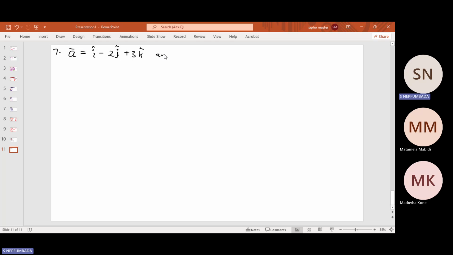Guys, those people, they want what? The angle, right? And ourselves, we know that cos of theta is equal to what? The dot product of the two divided by the what?